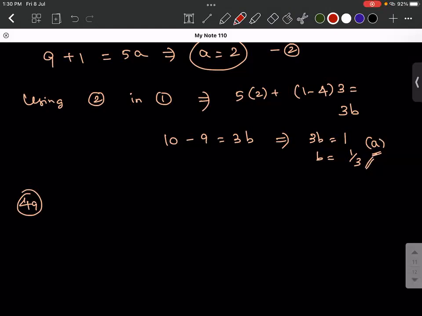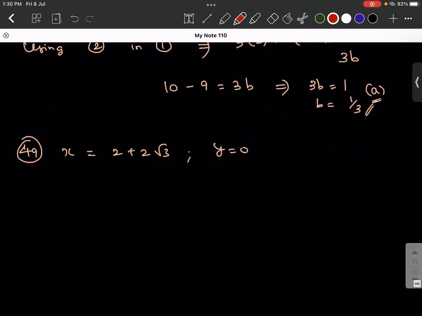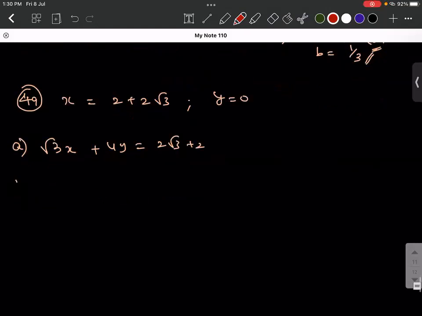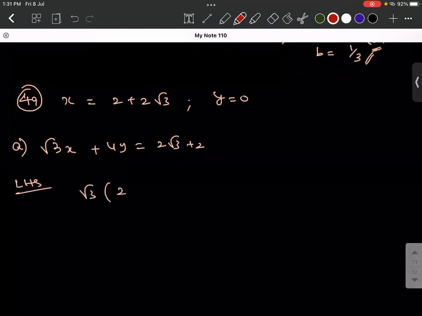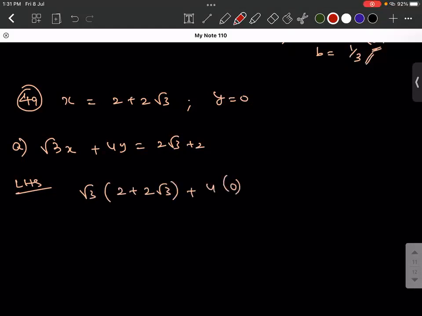x plus 2 root x is equal to 2 plus 2 root 3 and y is equal to 0 is the solution of. So you have to check it with each option. A is root 3x plus 4y is equal to 2 root 3 plus 2. So I will take only LHS. Root 3 into place of x, can I write it as 2 plus 2 root 3 plus 4 into y, which is 0.